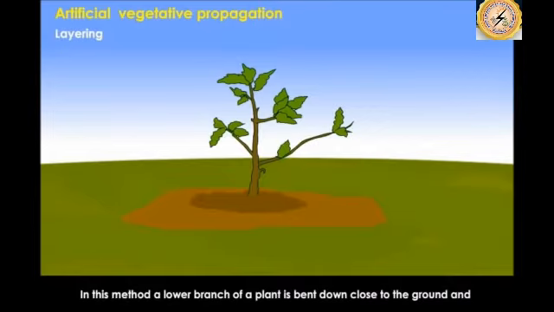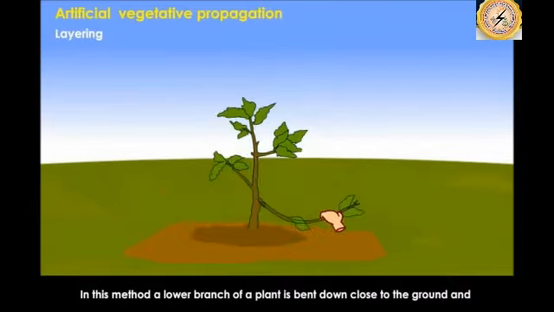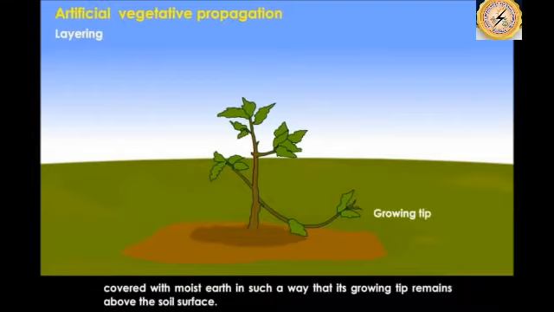In the case of layering, a lower branch of a plant is bent down very close to the ground and it gets covered with moist earth in such a way that its growing tip remains above the soil.